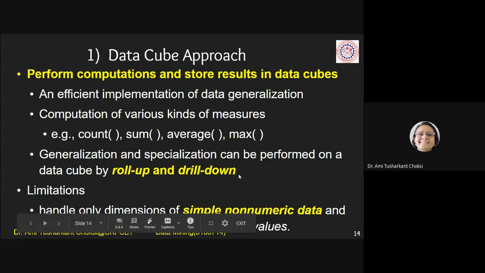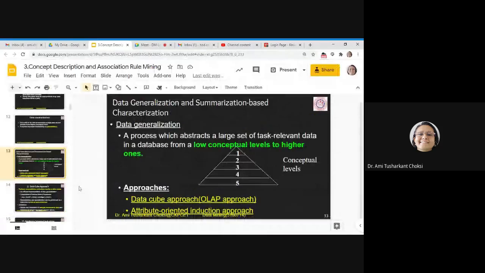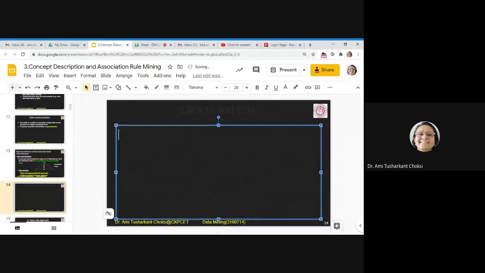Let me tell you the example for roll up, where we do have the concept in this manner.